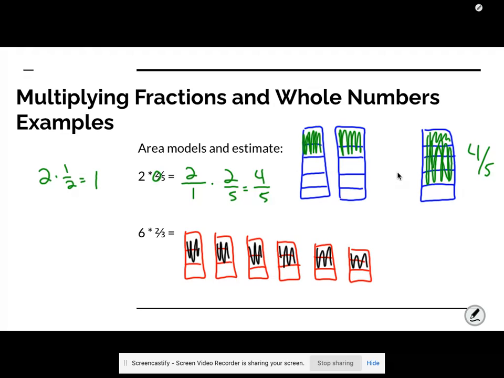And then 2, 4, 6, 8, 10, 12 over 3, which equals 4. And I did this one here because I put it over top of 3, which is my denominator. That's going to stay the same. That would be the same here as multiplying straight across and getting 12 over 3, and then simplifying to get a final answer. So just wanted to show you that you can model these with a drawing if you would like to.